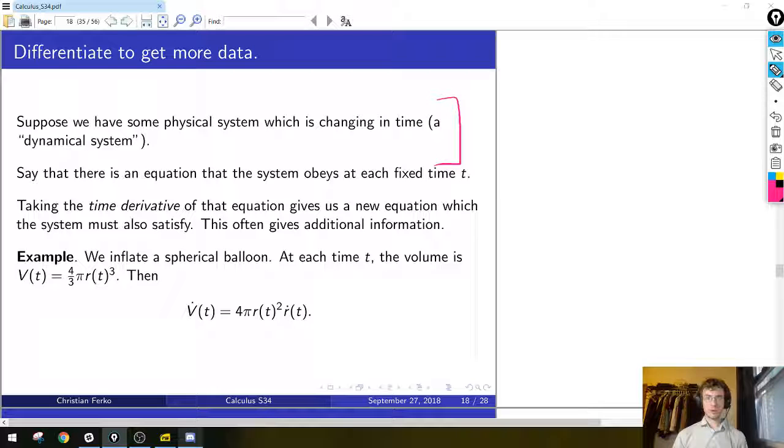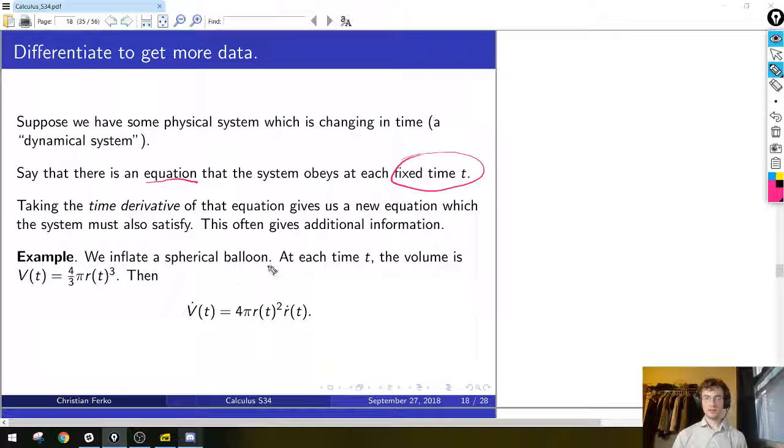So suppose I hand you a description of a physical system, and I tell you it's changing in time. To emphasize it changes in time, we call it a dynamical system. Dynamics means changing in time. Now, if you have some equation, like a constraint, often a geometrical constraint, which this physical system must satisfy at every fixed time t.